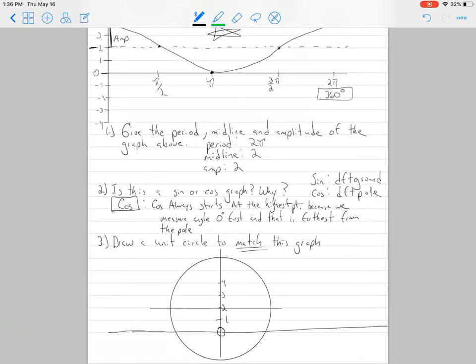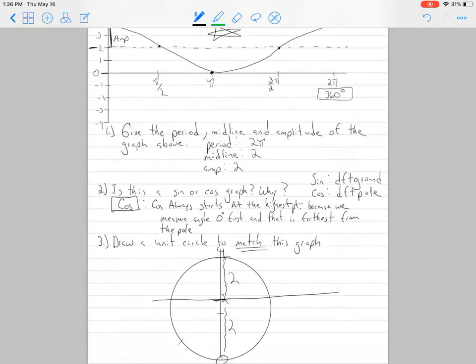I know my amplitude is 2. Uh-oh. I got to change my circle a little bit. Hopefully you recognize why I got to change my circle. So I'm going to go back and do that. My midline is at 2, and my amplitude is going to be 2, so from here to here is 2, so this should be 4. From here to here is 2, so this should be 0.